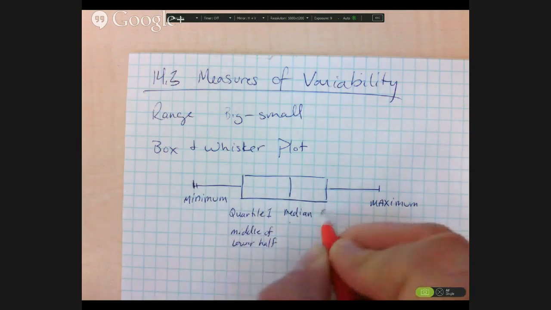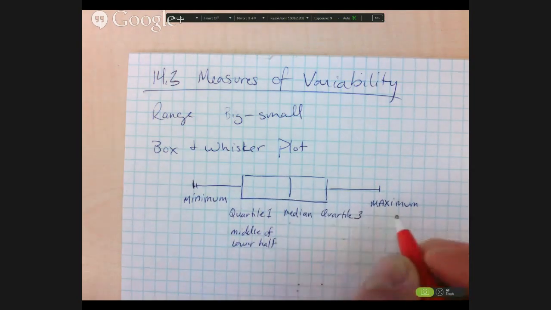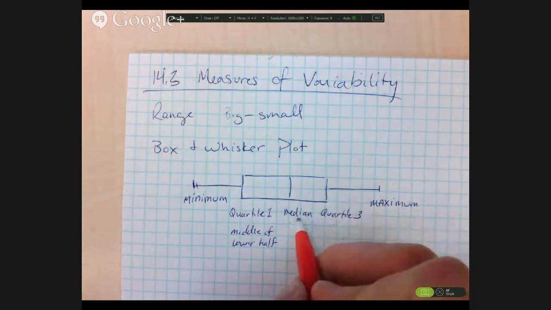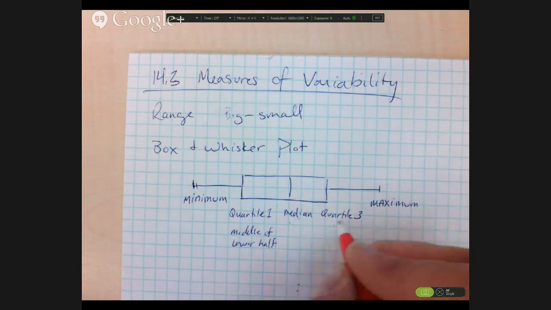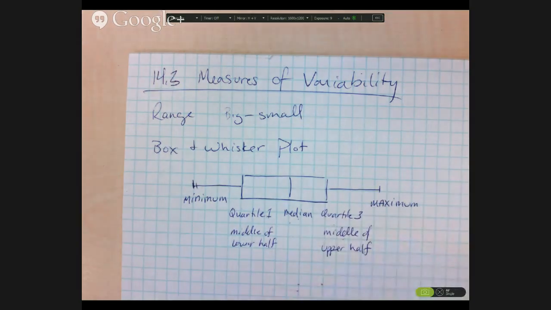And then this would be quartile 3, because this is quartile 2, right? 2 out of 4 is half. Quartile 3 is the middle of the upper. Okay, starting to refresh your memories a little bit.